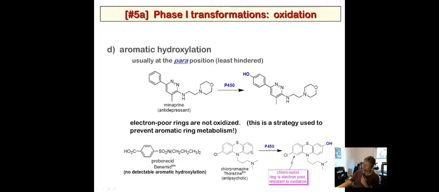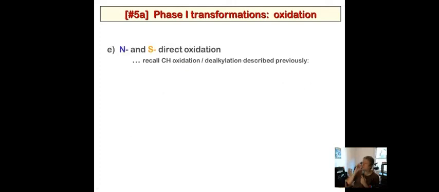So P450 readily hydroxylates the right side benzene. Okay, so there's probably a double effect here. The chlorine is a blocking group, and it's also electronegative by induction. It's got a delta negative on it. Okay, let's talk about nitrogen and sulfur direct oxidation now.